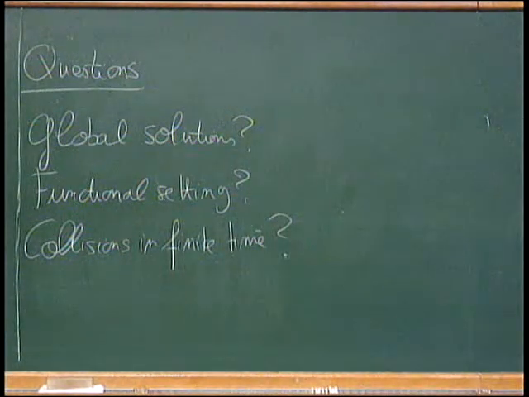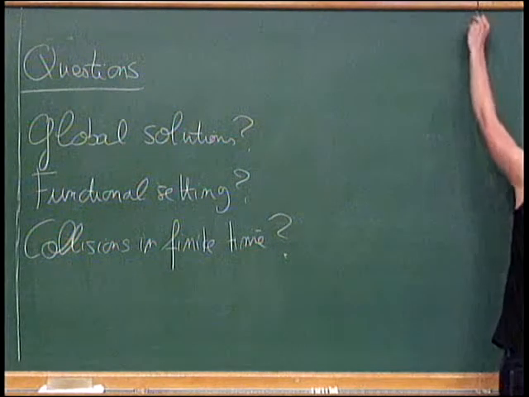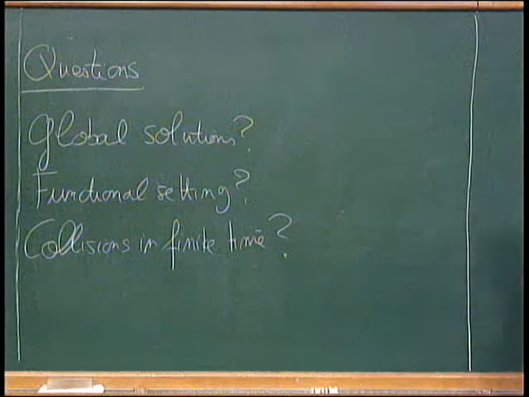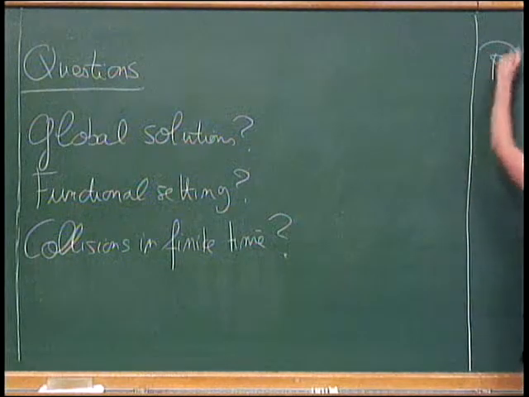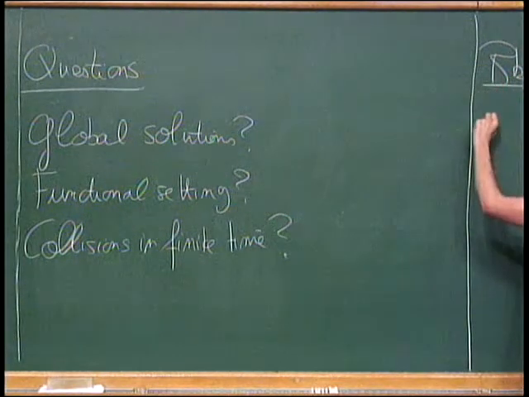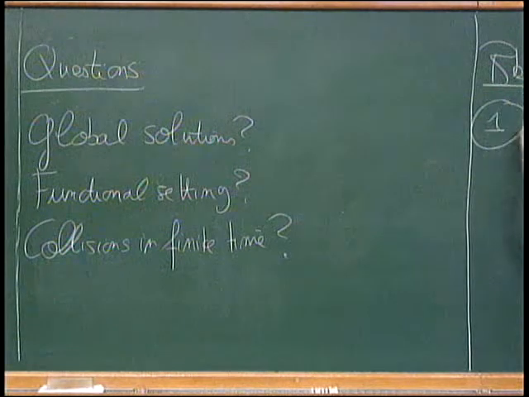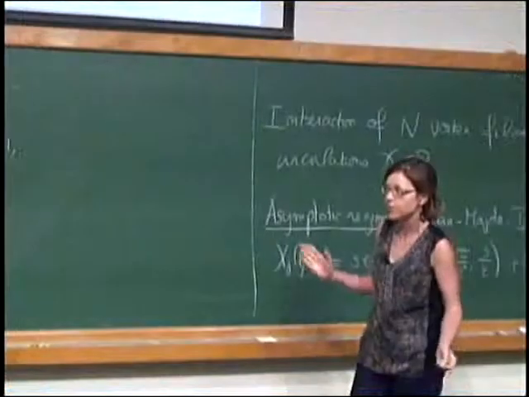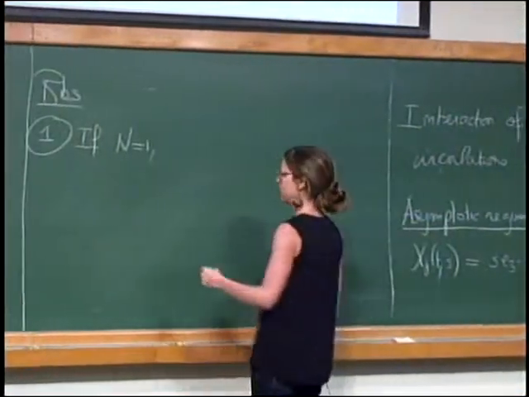Right. So I have first two remarks before studying these questions. The first one is that if we consider only one filament, so if n equals 1, then one gets a very simple equation, which is the linear Schrödinger equation.